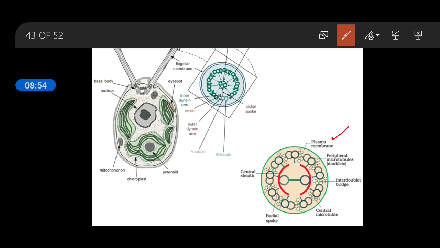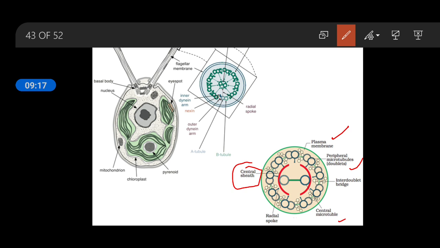Okay, and this is the peripheral microtubule present in doublet form, and around the central microtubules a sheath is present, known as the central sheath.